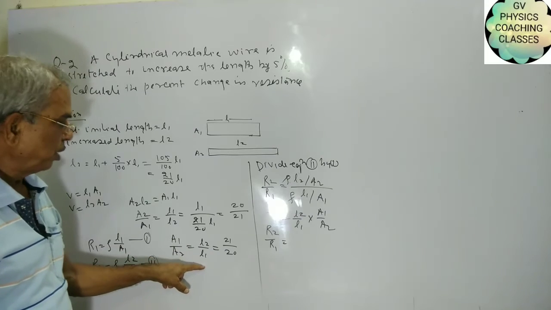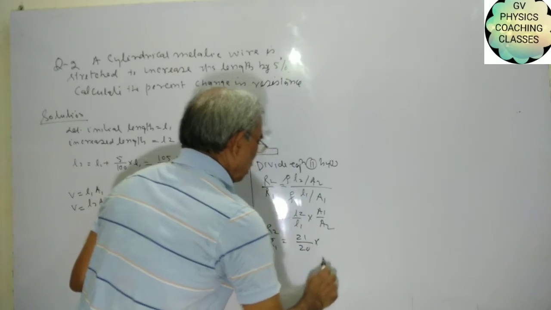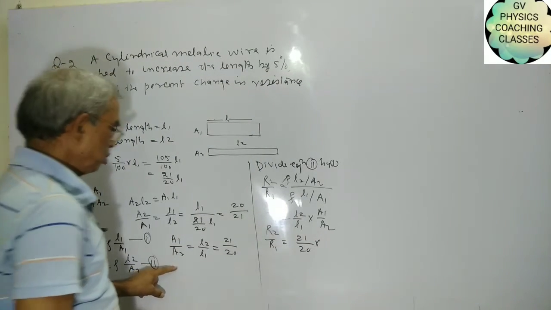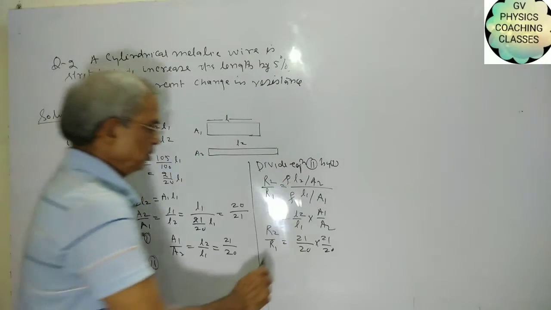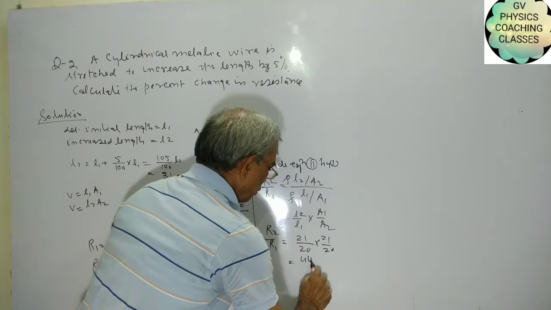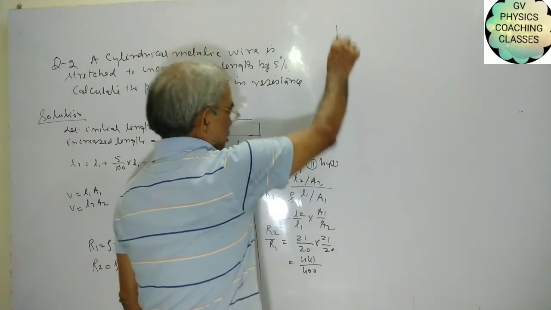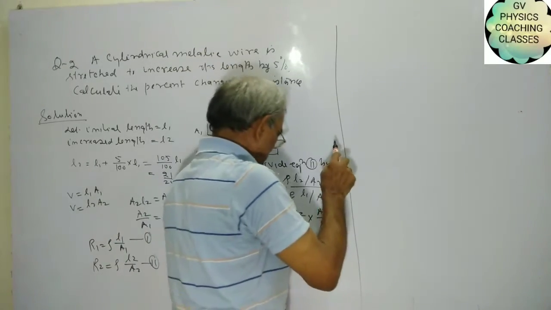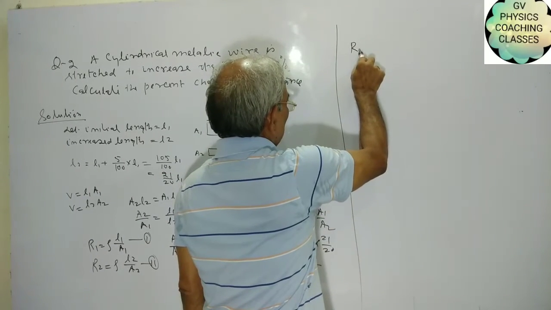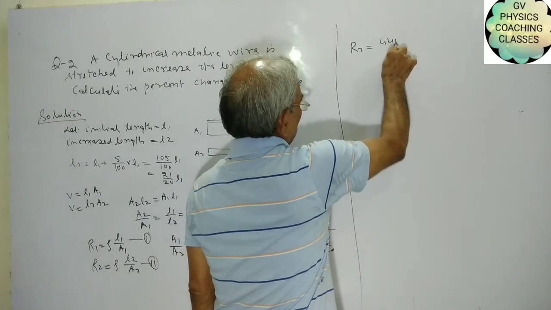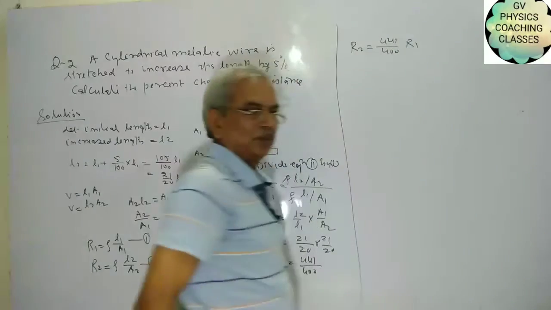So L2 upon L1 is 21 upon 20, and A1 upon A2 is 21 upon 20. It is 441 upon 400, or R2 is equal to 441 upon 400 R1.